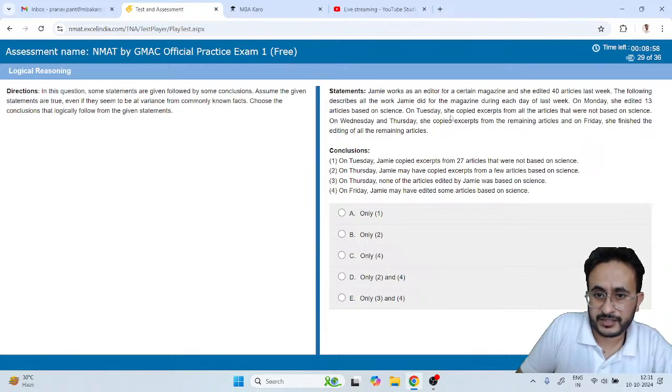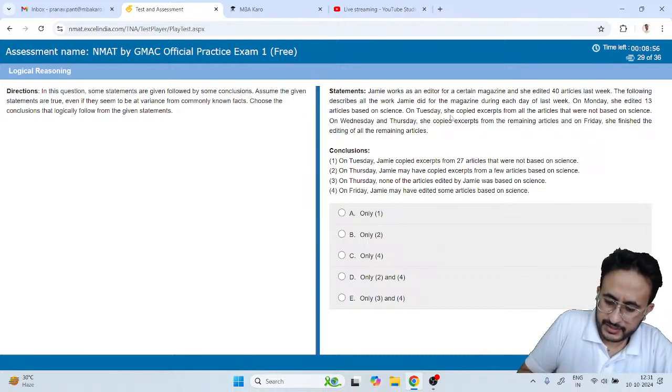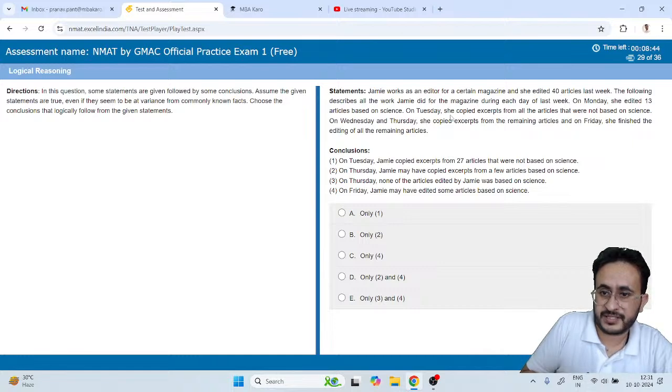There are 13 articles based on science edited, and excerpts from 27 non-science. Then Wednesday and Thursday, excerpts from the remaining articles.